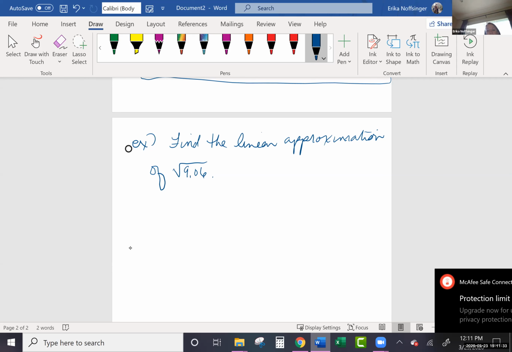Okay, a couple things that we want to do. We want to figure out what our function is that we're going to use. Looking at this, I can tell f of x, let's choose this to be the square root of x. And a number that's close to 9.06 that we know how to take the square root of would be 9.